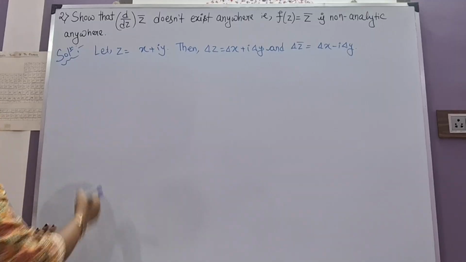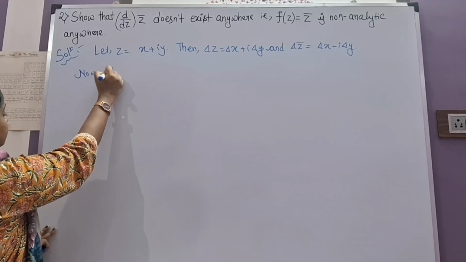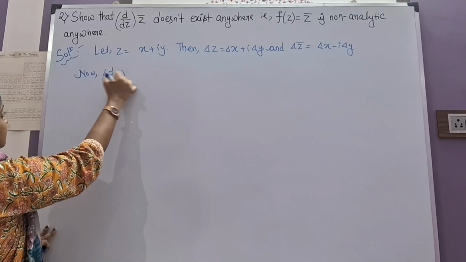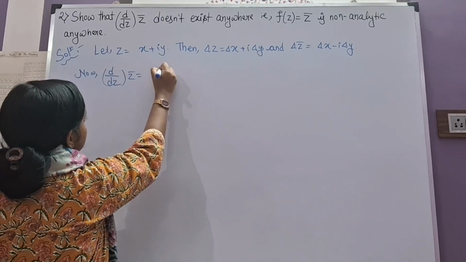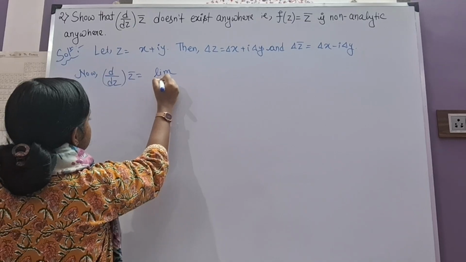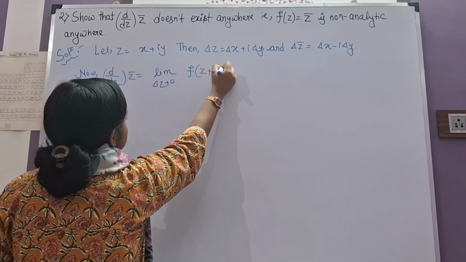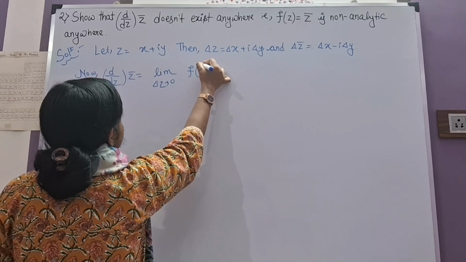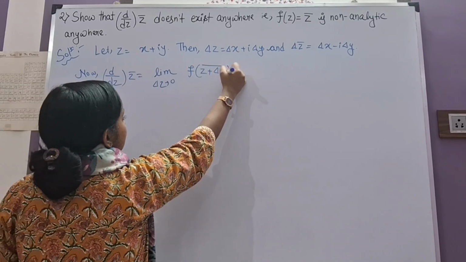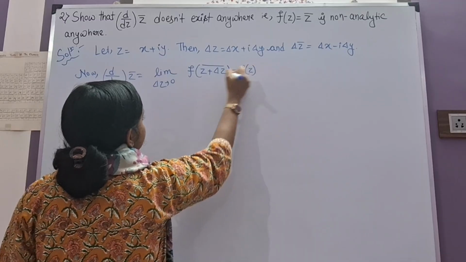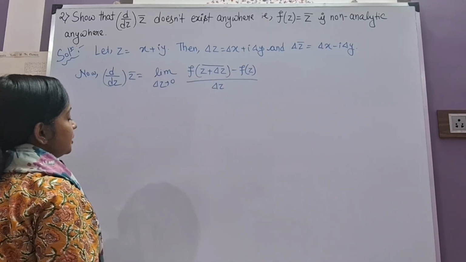Now we have to find the dz of z bar. Now this is equal to limit delta z tending to 0, f of z plus delta z, within that bar, minus f of z by delta z.